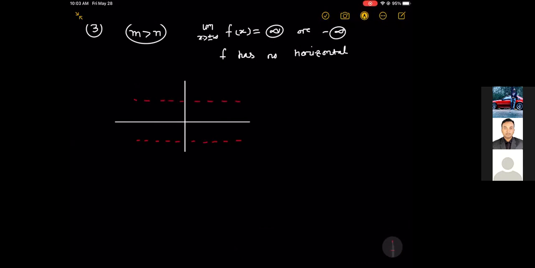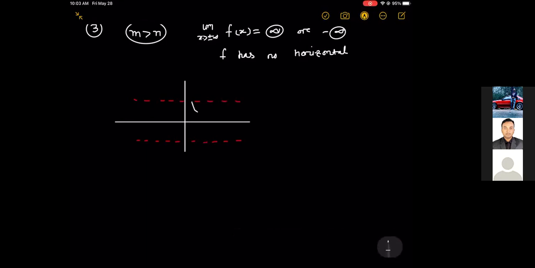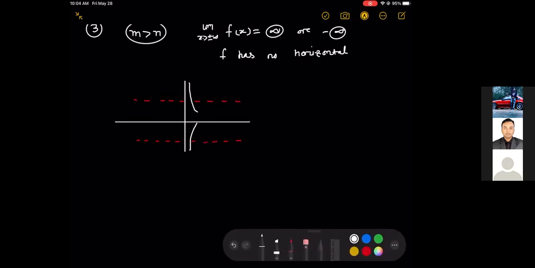But if your function is approaching towards positive or negative infinity, either this way or this way, it will definitely cross whatever line we have. So there is no way you can have a horizontal asymptote.